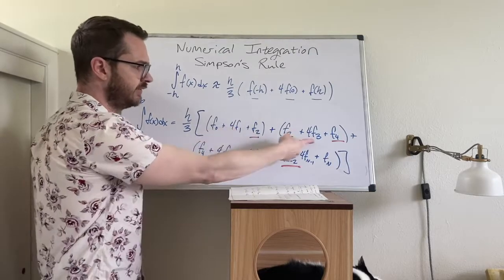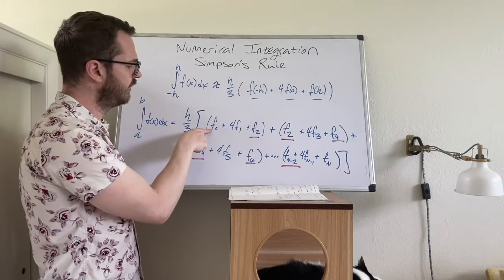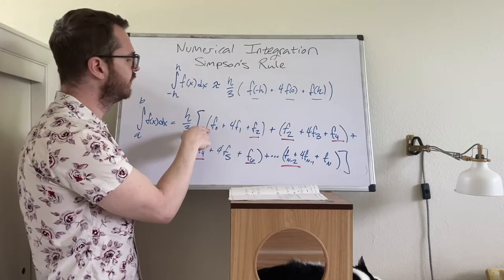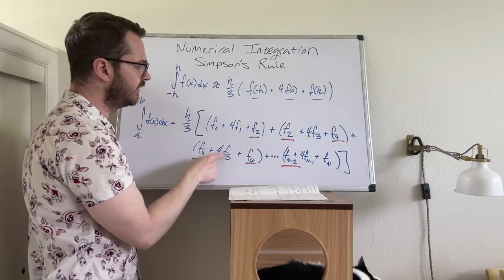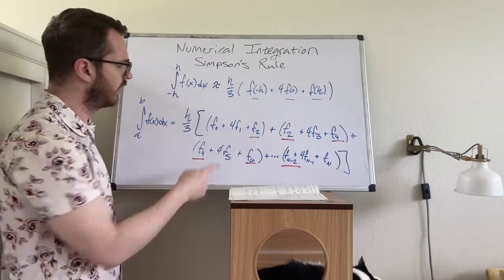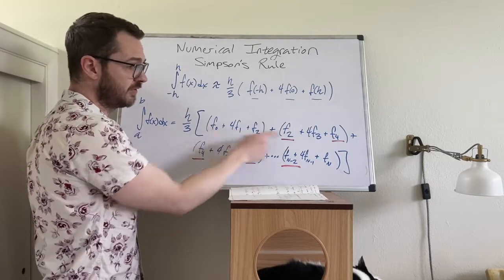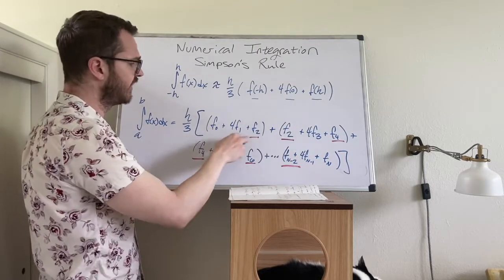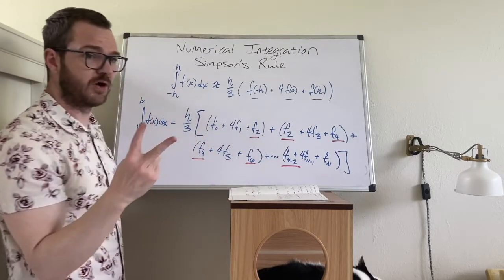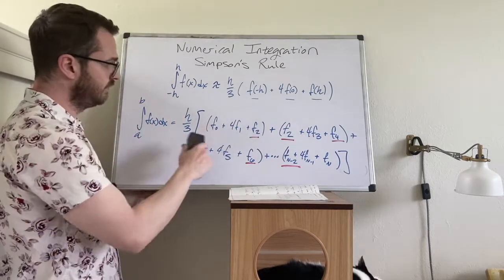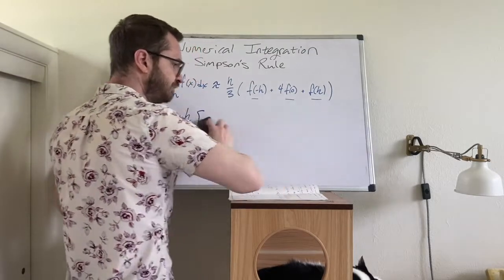The odd terms, f1, f3, f5, and when I say odd, remember that there was an f0, these all appear 4 times. There's a 4 in front of it. And then the even terms, not including the boundaries, f2, f4, f6, these all appear twice. So what does this look like when we start adding it all up?